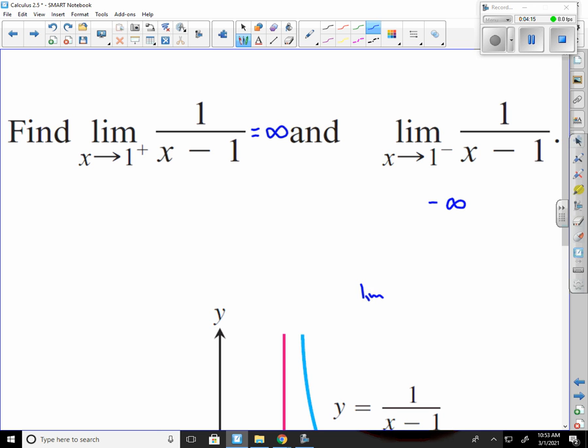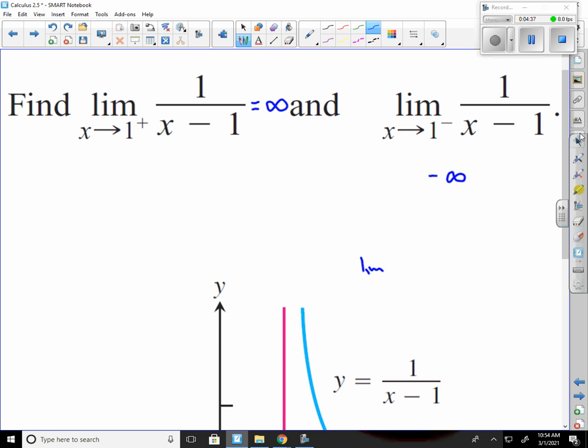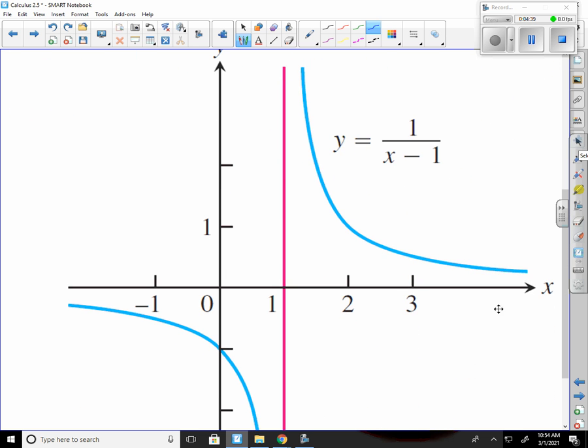Looking at the graphs, we can kind of see this. But can we just say that that's going to work every time? We'll get into that a little later. This one goes to -infinity from the left, so it's basically the same as the first example.